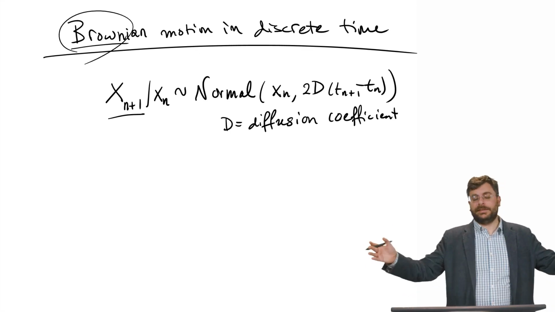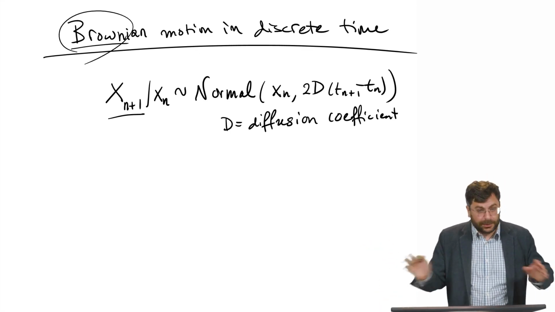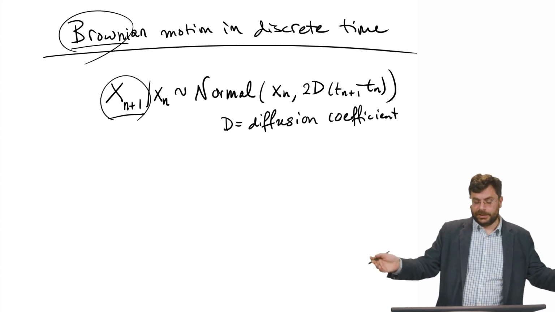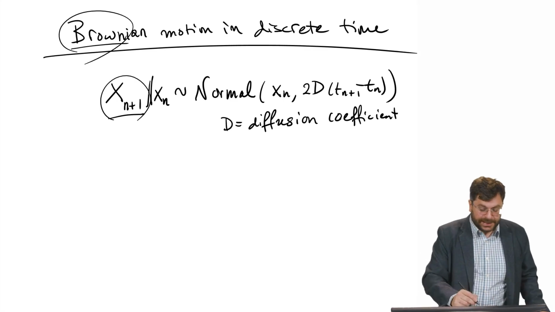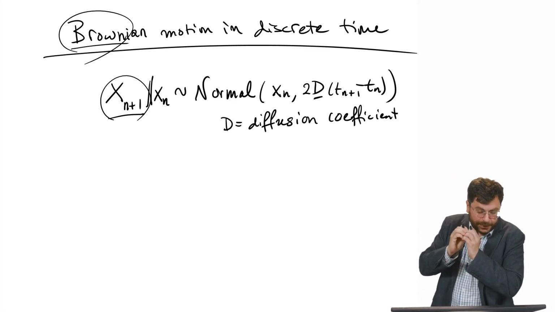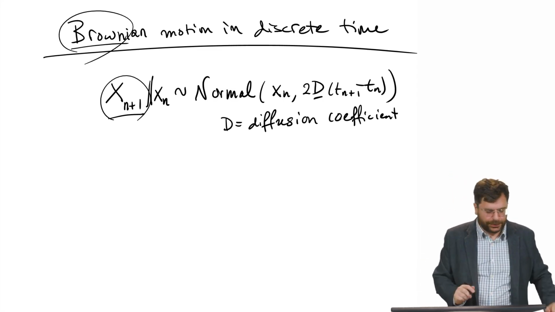So the more the noise, the more the spread in your momentum from the previous example. Similarly here, the larger the diffusion coefficient, the more your next position is randomly distributed given where you started from. Now, if your diffusion coefficient is extremely small, then you're sticking to your neighborhood.